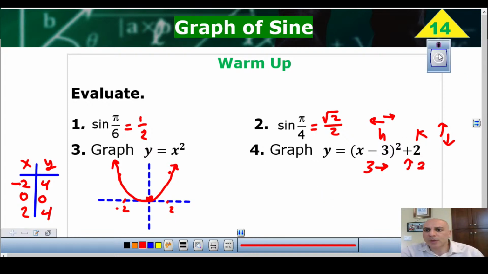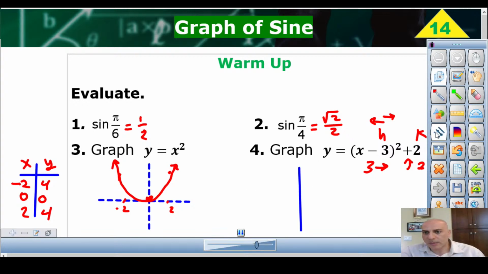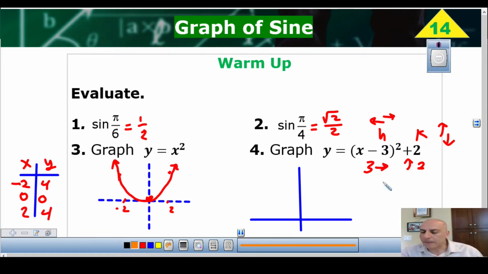I could probably easily graph this by having a y-axis and an x-axis. I'm going to give myself my room, so I'm going to go down here. To graph this, you could definitely build yourself a table here and go from there, or you could just say by inspection this is going to 3.